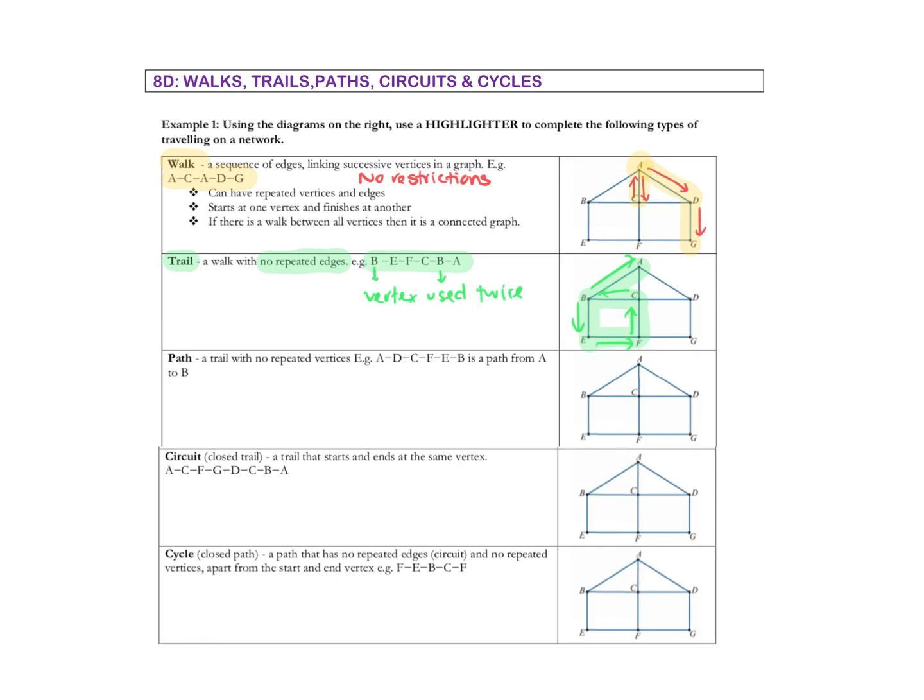The next one we're going to look at is a path. A path has no repeated vertices, so you're never going to go to the same dot twice.